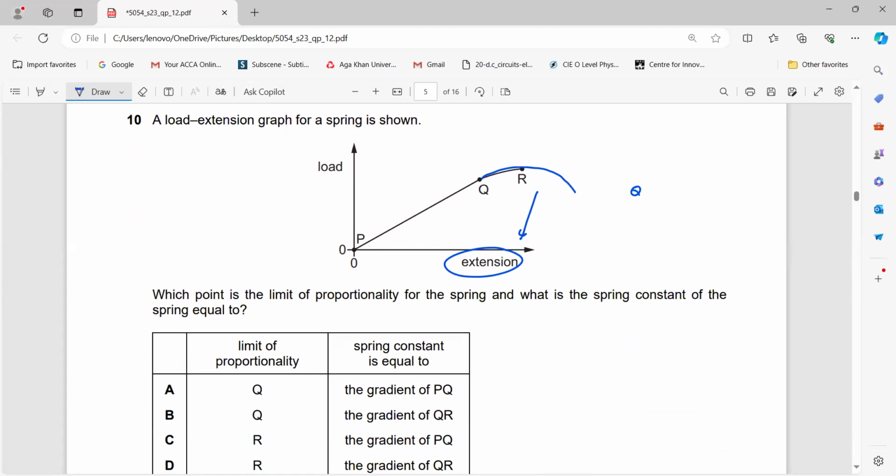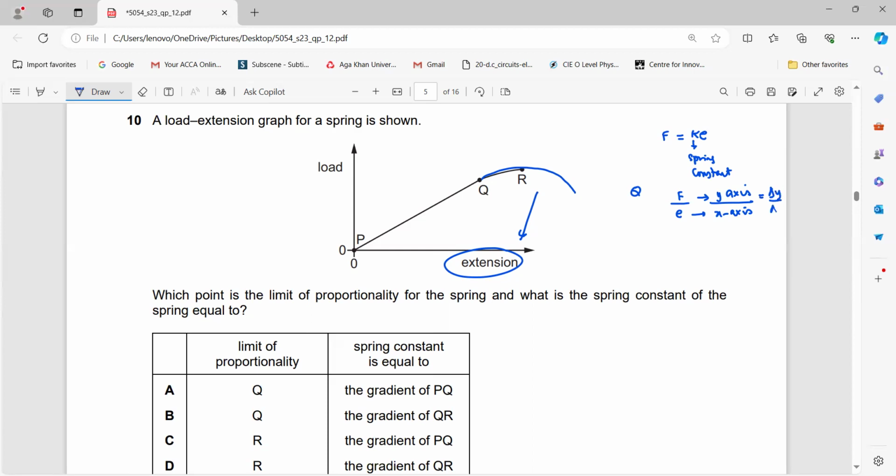What is the spring constant for this spring equal to? Spring constant: F equals k times e, where k is the spring constant, the constant of proportionality. The spring constant is F upon e, where F is on the y-axis and extension e is on the x-axis.